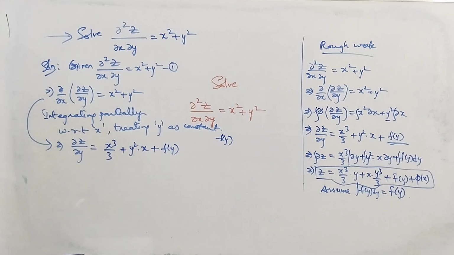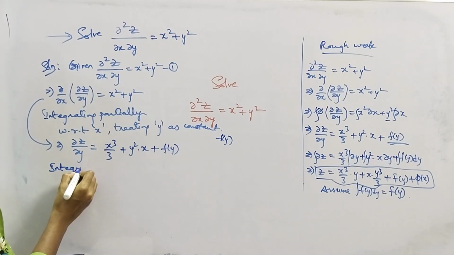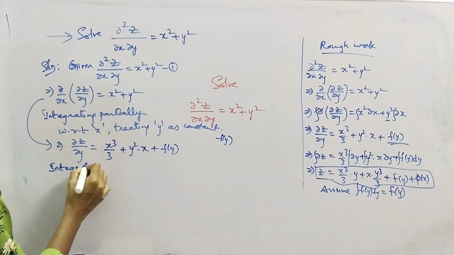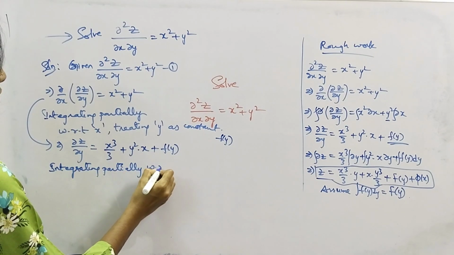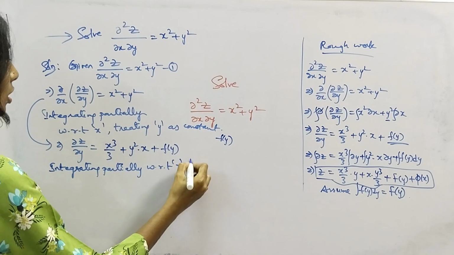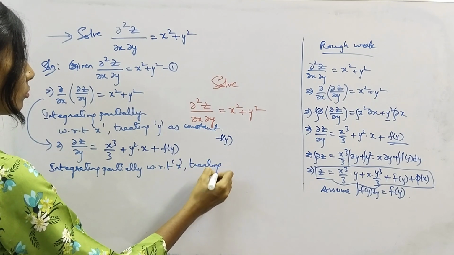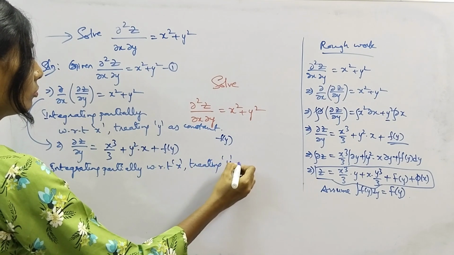Again here you have ∂z/∂y, so we'll integrate partially with respect to y, treating x as constant.